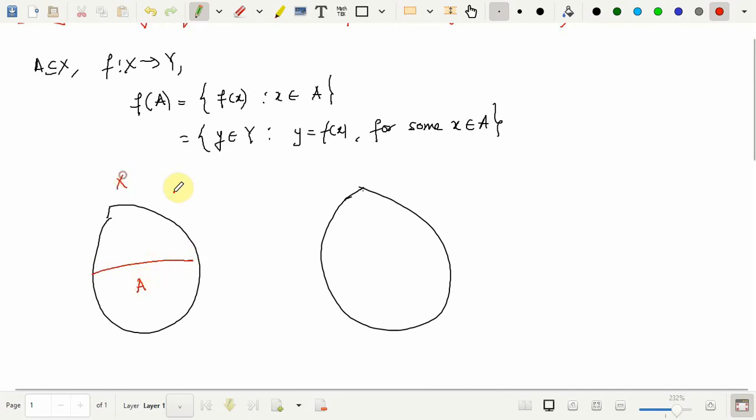in X, and this is Y, and this is the function f. Definitely we are going to have some f of A here.